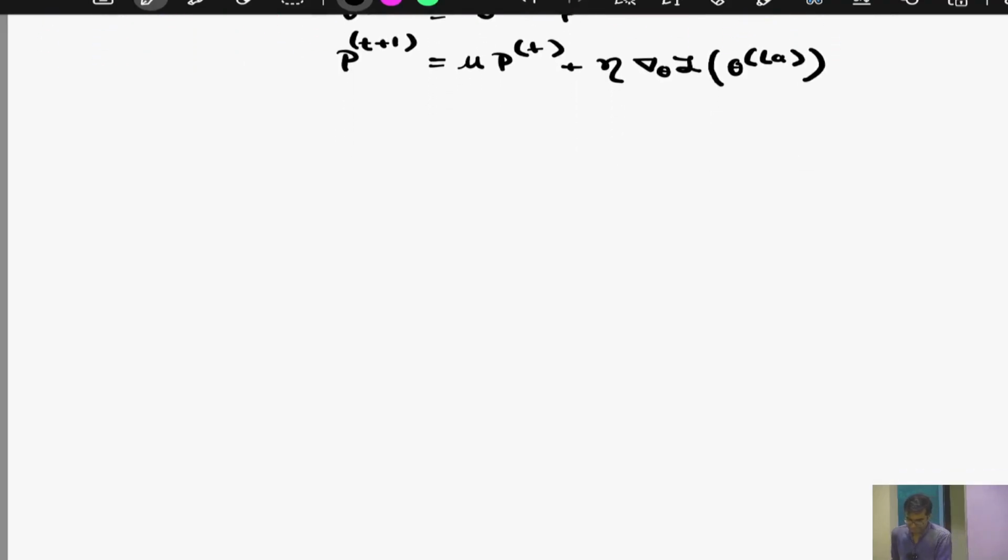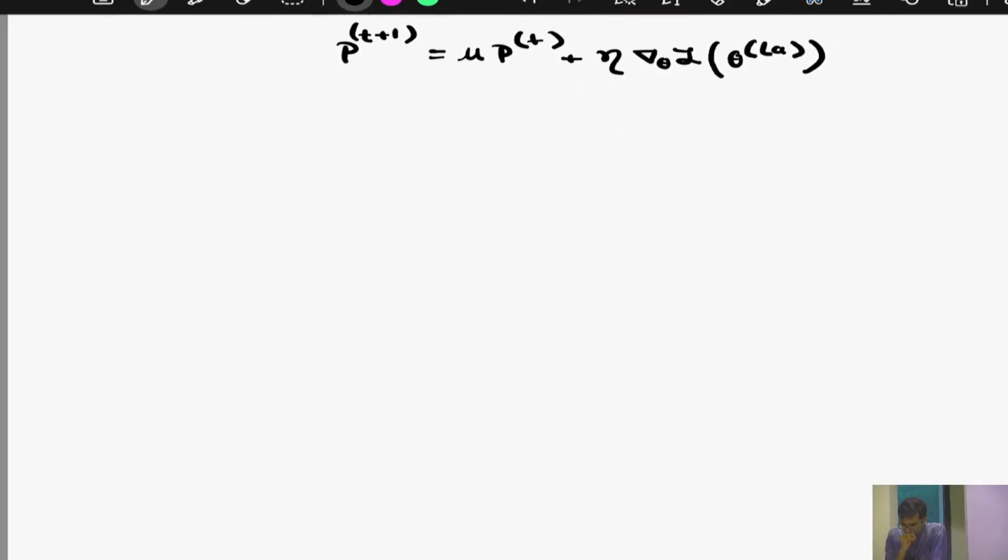The last step remains the same, which is theta t plus 1 is equal to theta t minus pt plus 1.